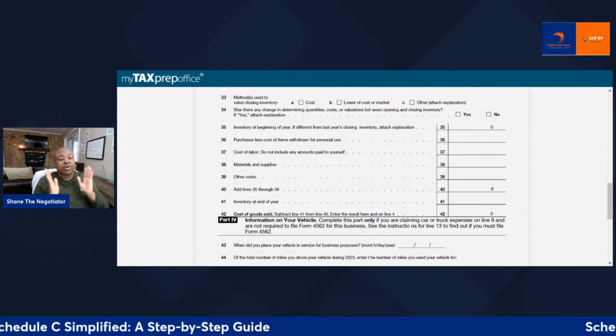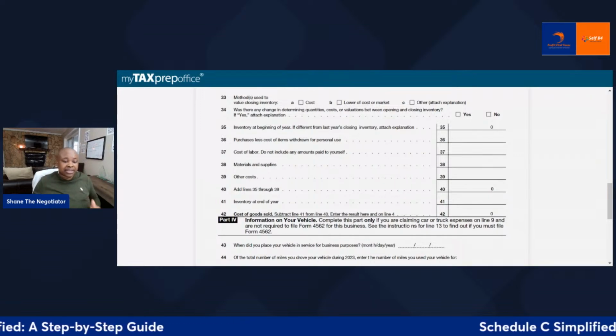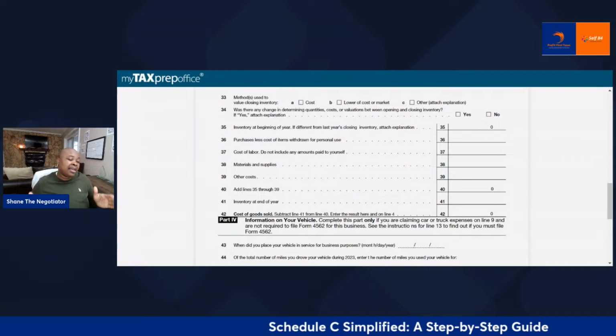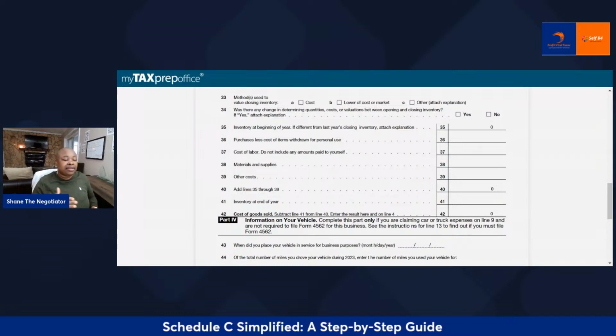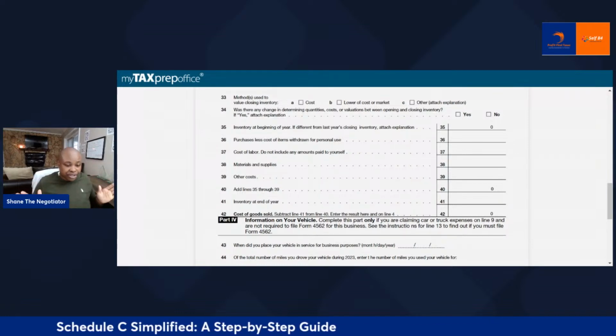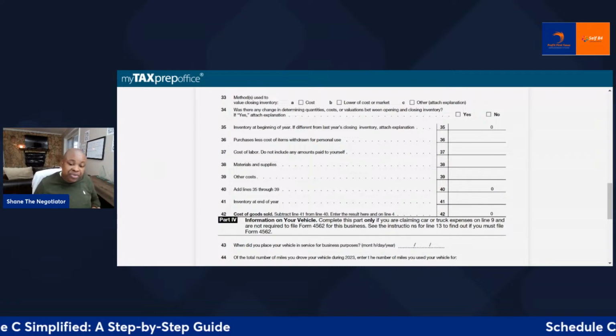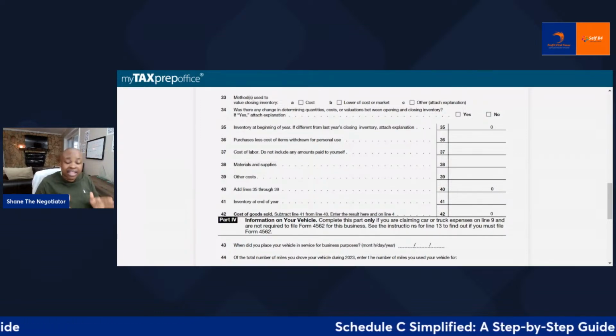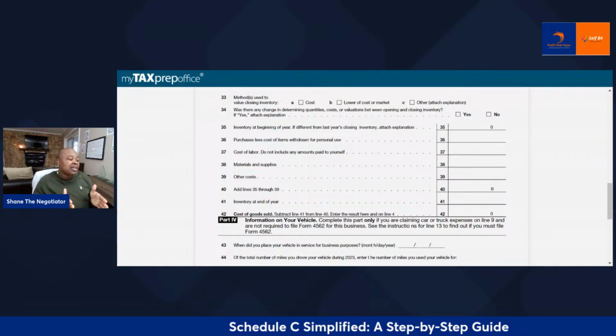What this means is, when you end the year on December 31st, whatever inventory you had up to 11:59 at midnight, it's pretty much over. That's why you have to get the books.